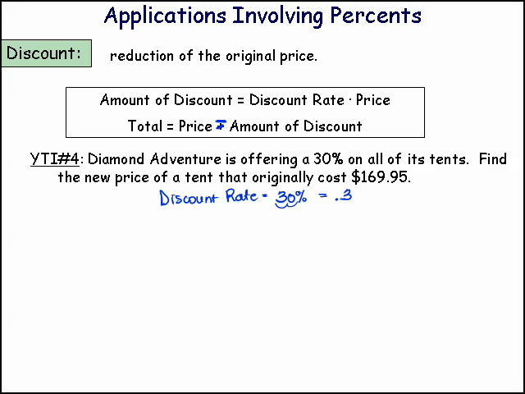Okay, and now the price of the item, in this case our tent, is $169.95. So to calculate the amount of discount, what we are going to do is take the discount rate multiplied by the amount of the tent.